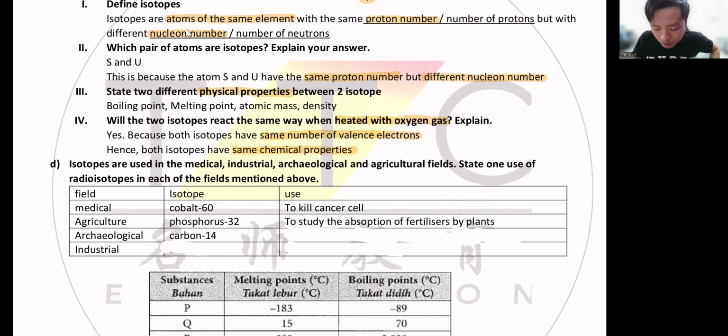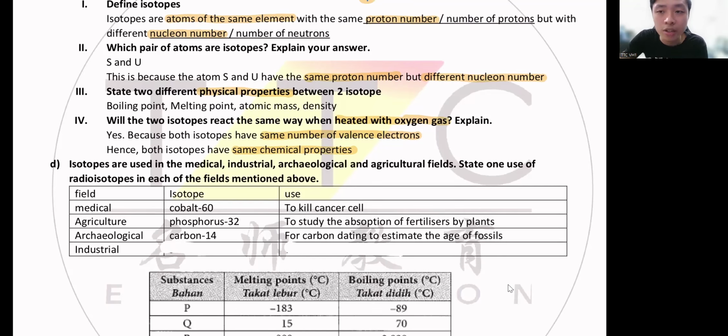Then archaeological is carbon-14. Carbon-14 is used for carbon dating, to estimate the age of fossils.